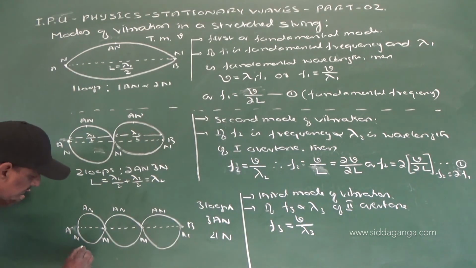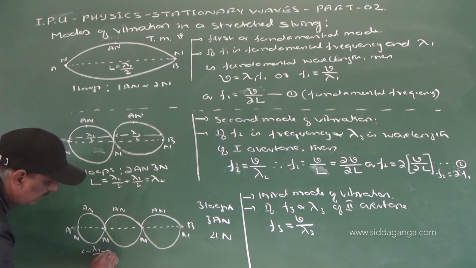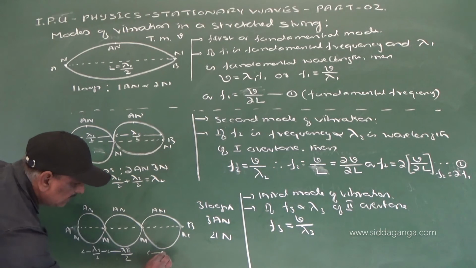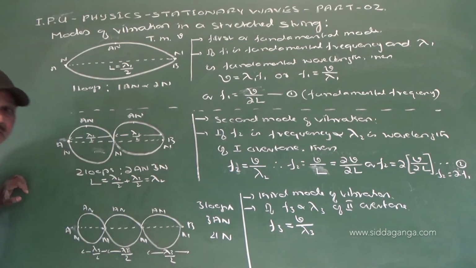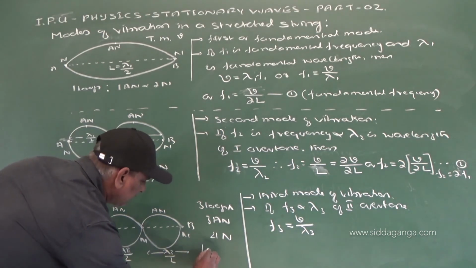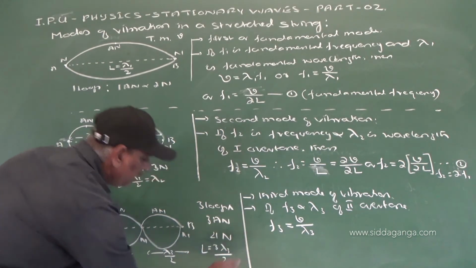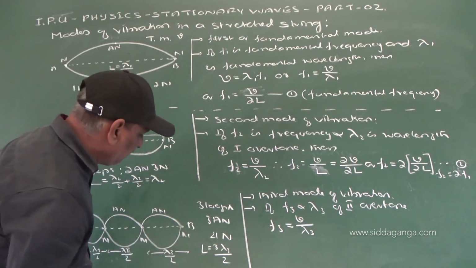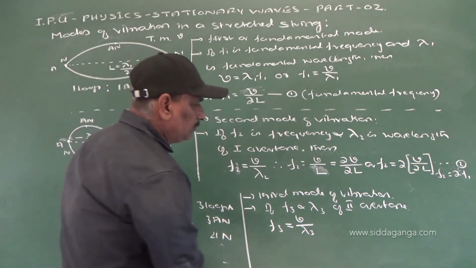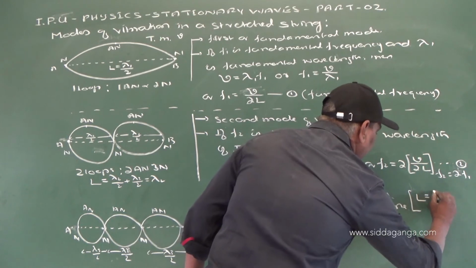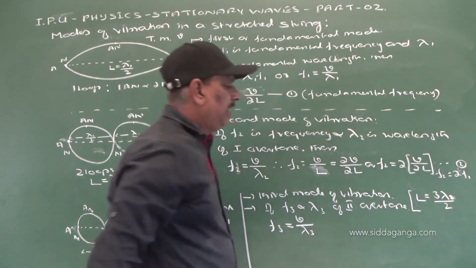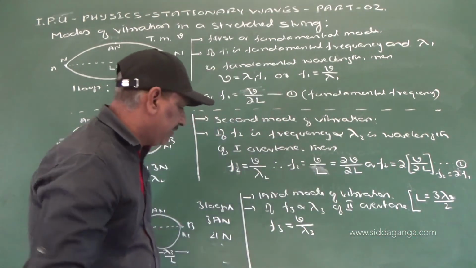So here this length is lambda 3 by 2, this length is lambda 3 by 2, this length is lambda 3 by 2, right? So here L is equal to 3 lambda 3 by 2. Then lambda 3 is equal to 2L by 3.